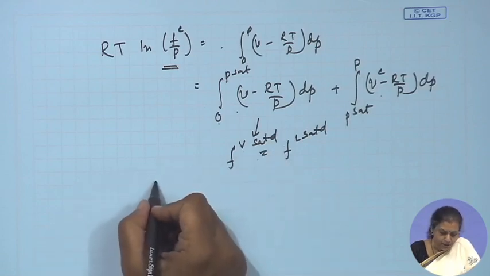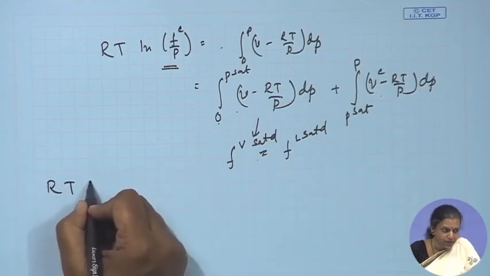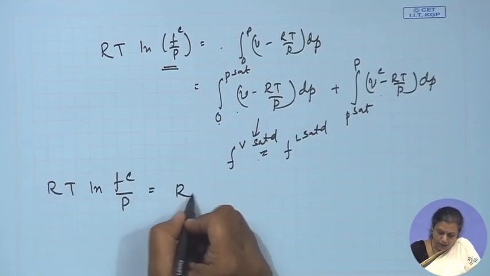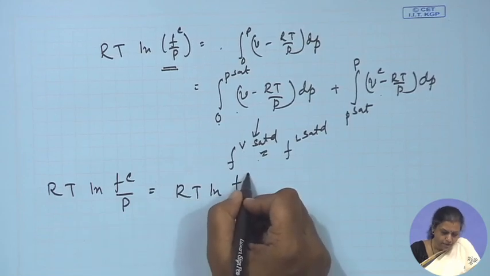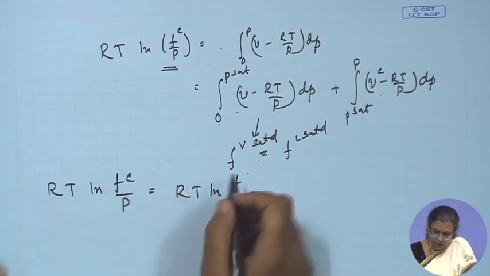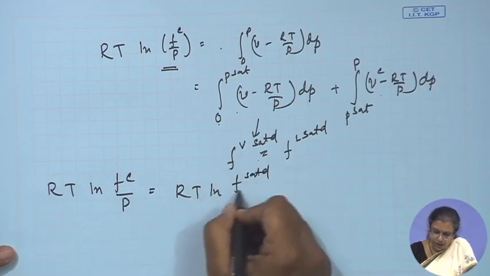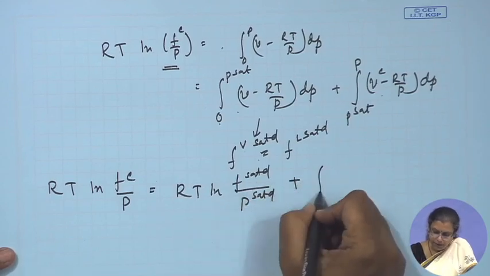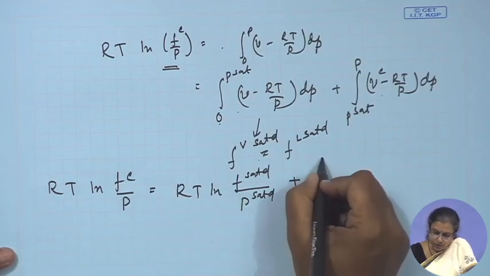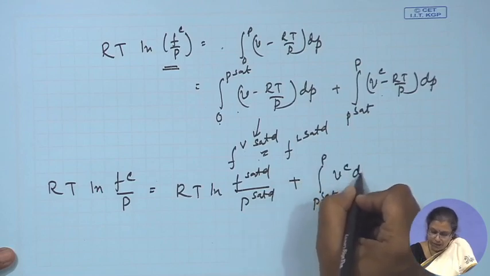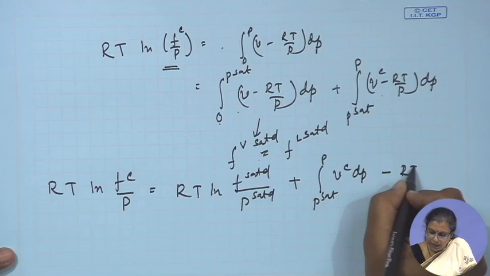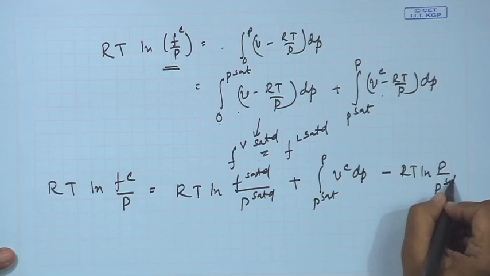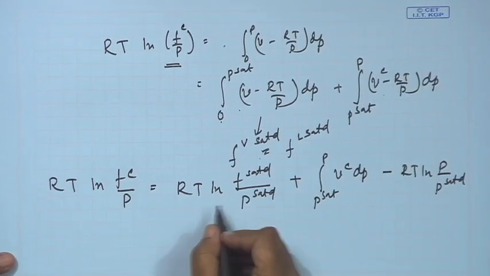So, I can write this down as RT ln (f saturated by P saturated), and then the other part as the integral from P saturated to P of V condensed phase dP, minus RT ln (P by P saturated). I can write it down in this particular form.